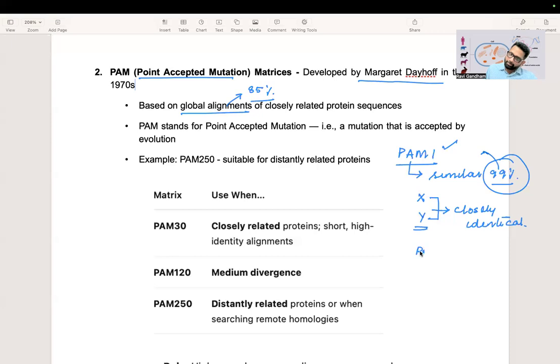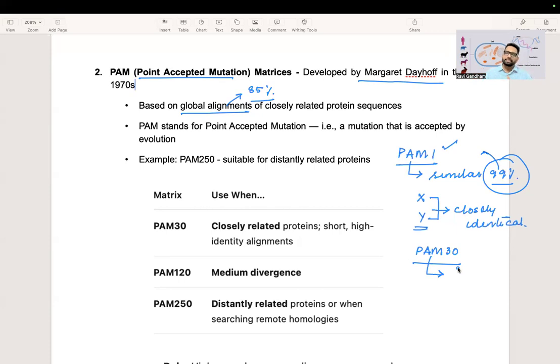And if you take a higher PAM, let us say PAM 30, what did we have in the previous written part? We saw that out of the entire 85% globally aligned sequences, we picked out chunks that had 30 mutations for every 100 and then calculated the probabilities.